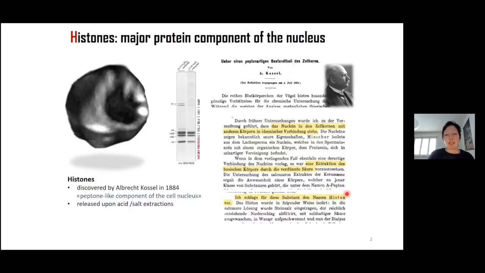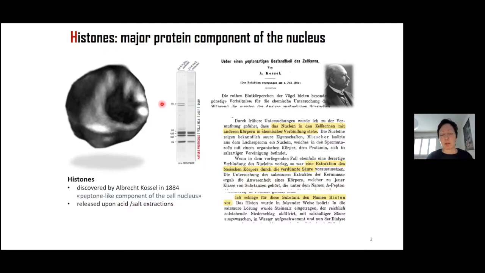And later on, it was discovered that this histone substance is not constituted by a single component, but by several components. So running the extracts of histone on a protein gel allowed to separate different components of this histone fraction.